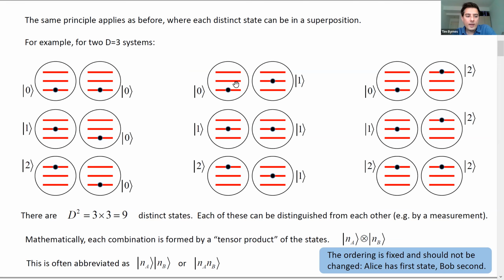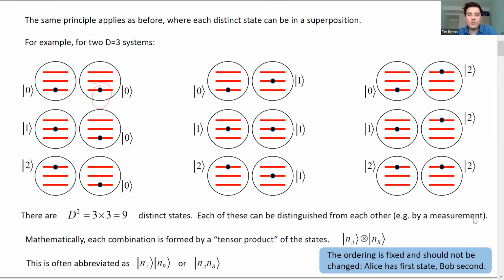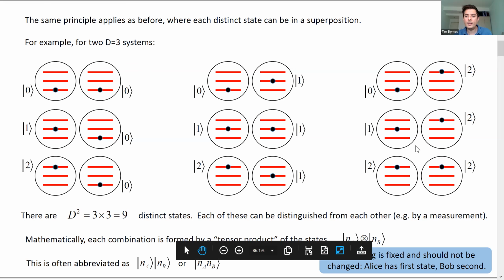So there are a total of 9 different combinations, because I've listed them all here. You can have the first system in state 0 and the second one in 0, or 0, 1, or 0, 2, and all the way up to 2, 2. So what you have in the end is a 9-dimensional system.